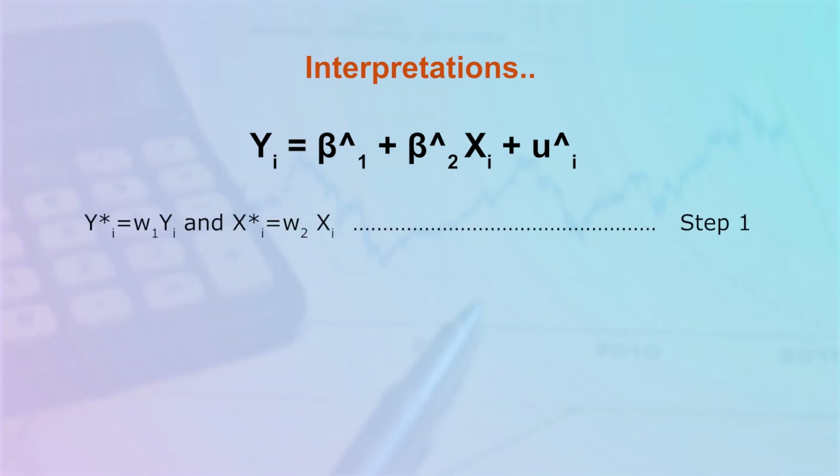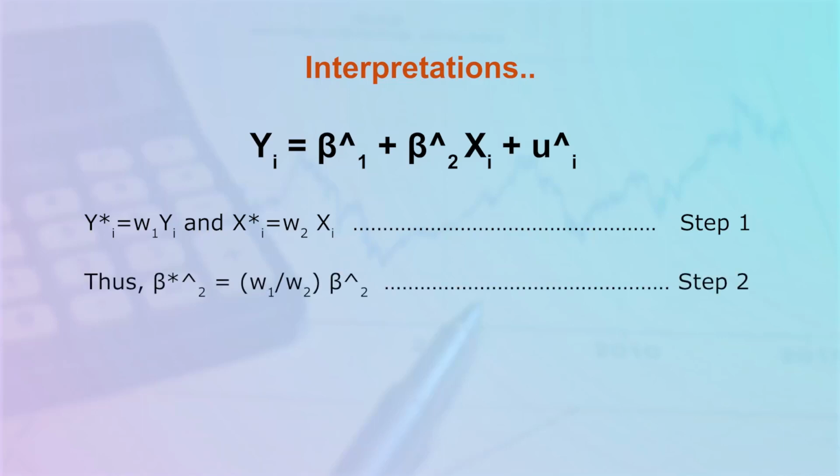That means original yi is converted to yi star and original xi is converted to xi star because they are multiplied by their respective weights, w1 and w2. In our example, w1 and w2 are the same, but it might not be the same in all cases. Next, we take the help of the estimated coefficient beta star hat 2, after the scaling of the model is done.